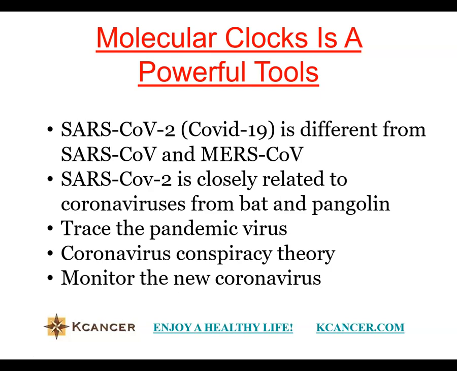And there is a wide debate about coronavirus conspiracy theories. Some Chinese accuse that the virus was created in a United States laboratory and brought from the U.S. to China.